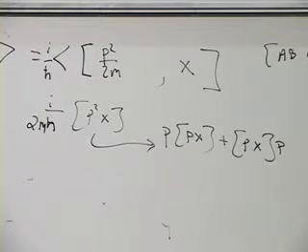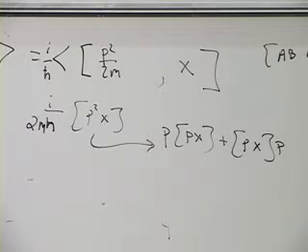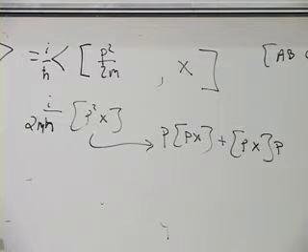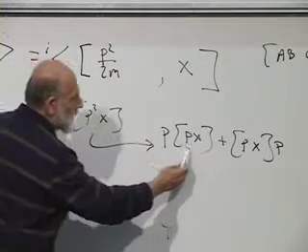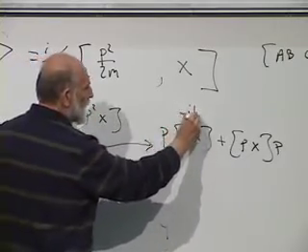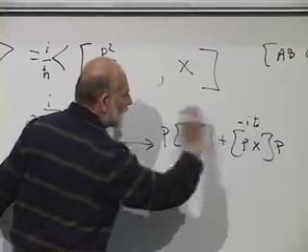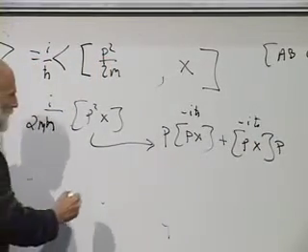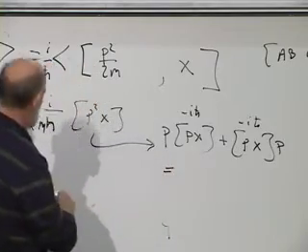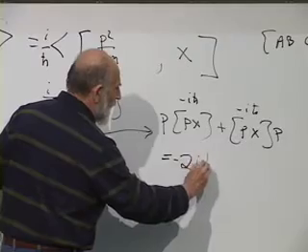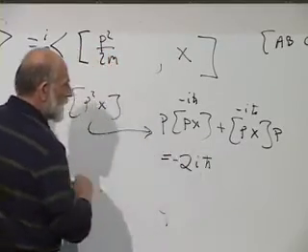Minus i h bar. Commutator of x with p is i h bar. Commutator of p with x is minus i h bar. Each one of these commutators here is just minus i h bar. H bar is just a number, and all of this is just equal to twice minus i h bar times p, so minus 2i h bar times p.